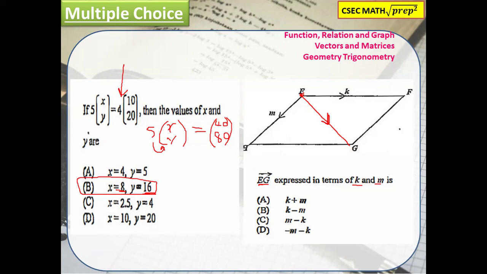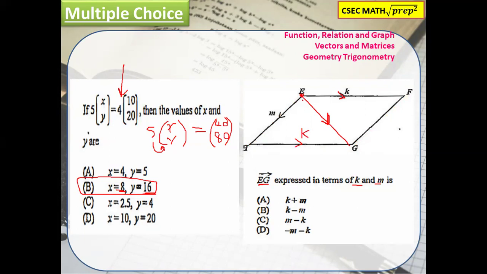We're going from E to S, from S to G, or we could go from E to F and then from F to G. Let's follow the principle that if EF is K, then SG is also K, right?